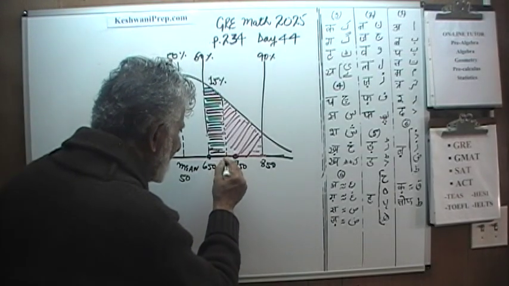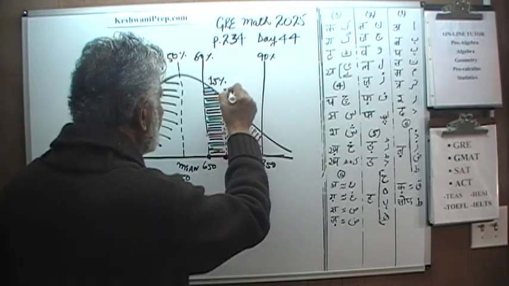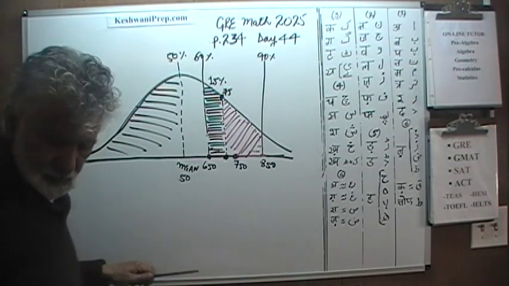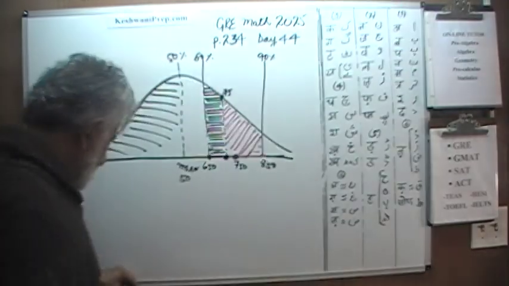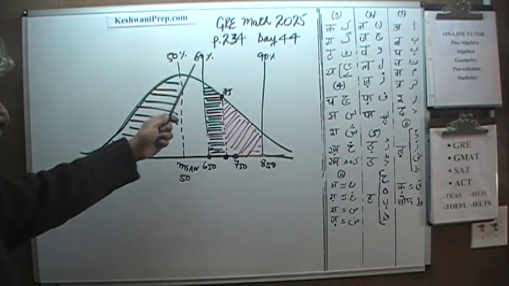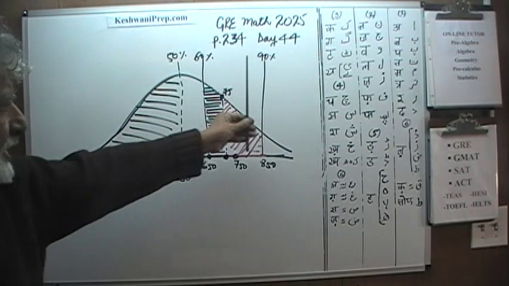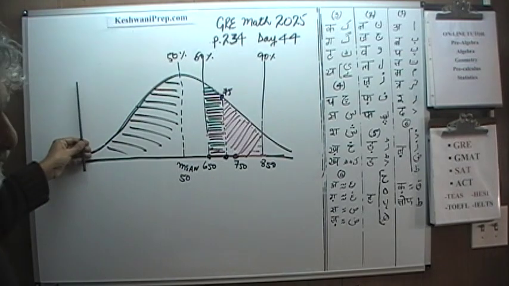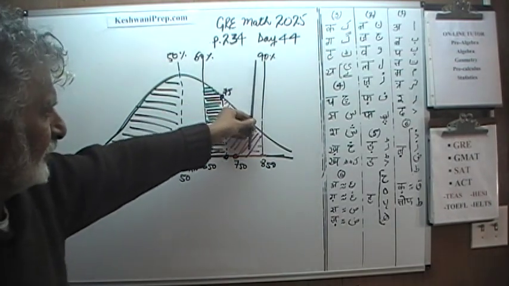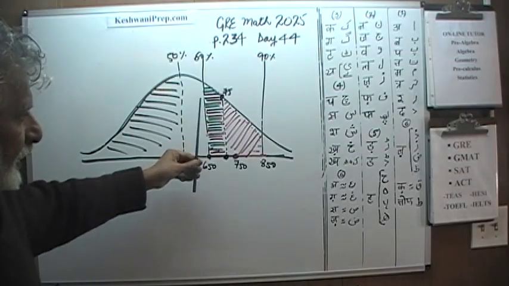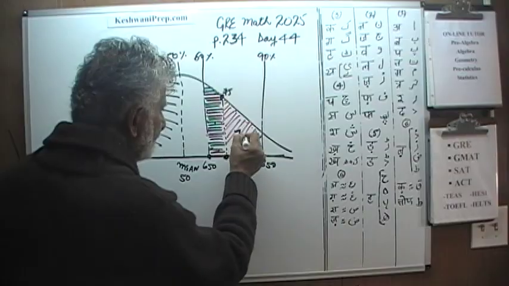The value, whatever it is, this is the 75th percentile. What we are claiming is that 60% of the observations fall to the left of this line, 90% fall to the left of this line, which means between the 60th and 90th percentiles we have 30% of the observations. But 15% are here and the other 15% are here.